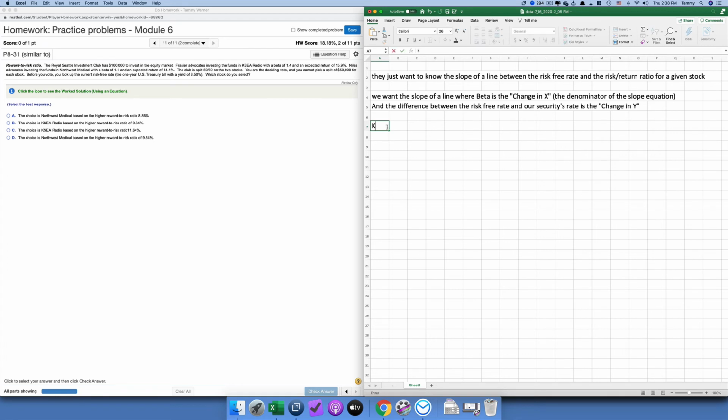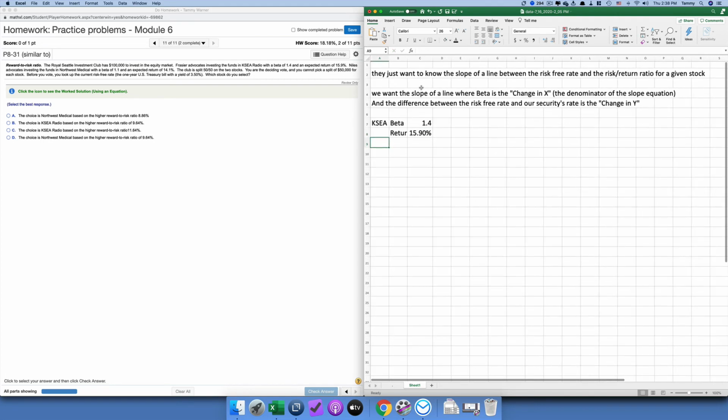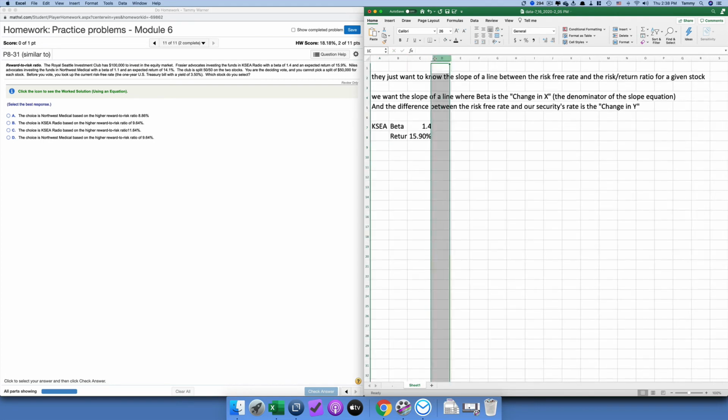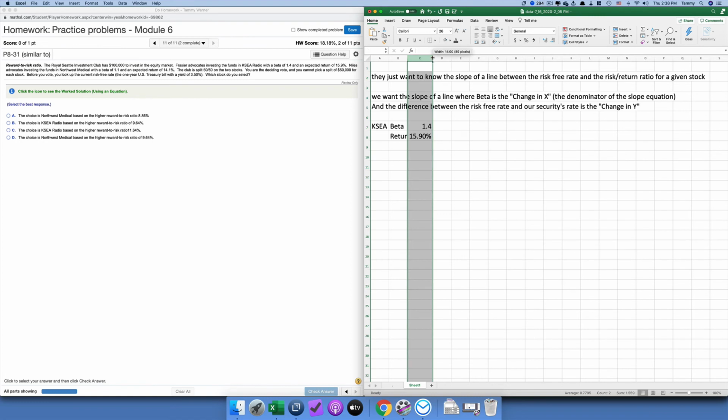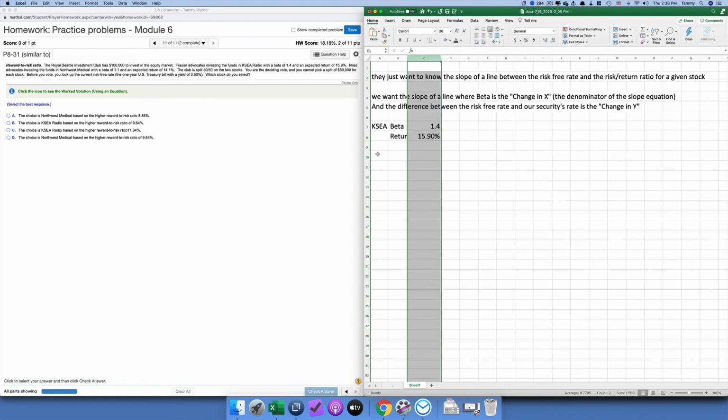We have KSEA, right? So the beta is 1.4 and the expected return is 15.9%. Okay, so this is an investment that moves more than the market. It's quite volatile.